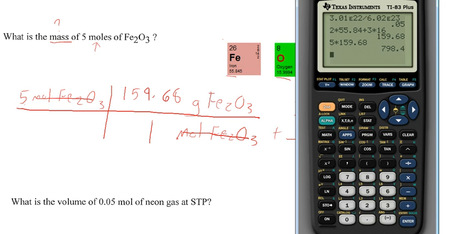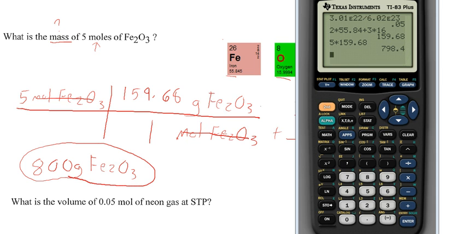We see that we had one significant figure in the first number here, so we can only use one. 798 to just that first place, that first significant figure, is 800. So I would have 800, these are grams that we converted to, of the Fe2O3. And that would be our complete answer for this problem.